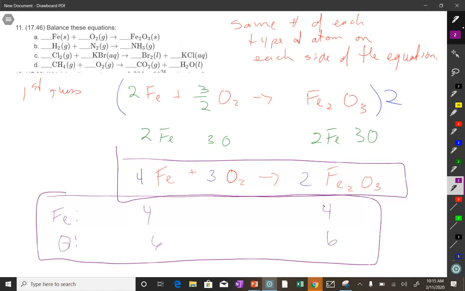Is that the word I'm looking for? Is that acceptable? Can I do that? Yeah, as long as you have a method that works, it's great. I mean, you could have also done A times Fe plus B times O2 is C times Fe2O3, and you could have made linear equations and solved those linear equations.